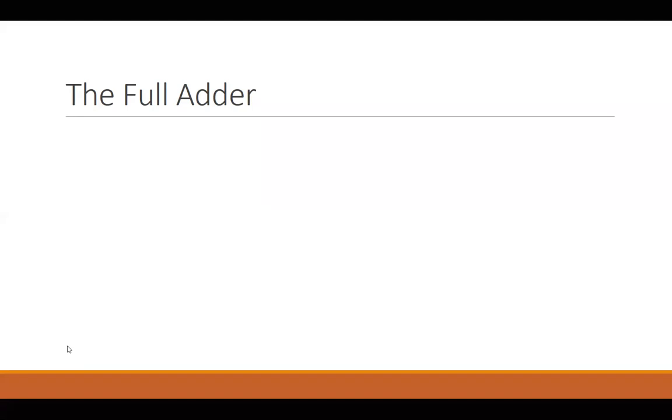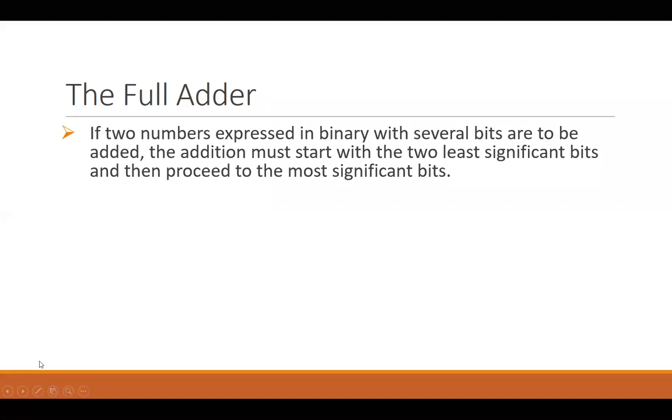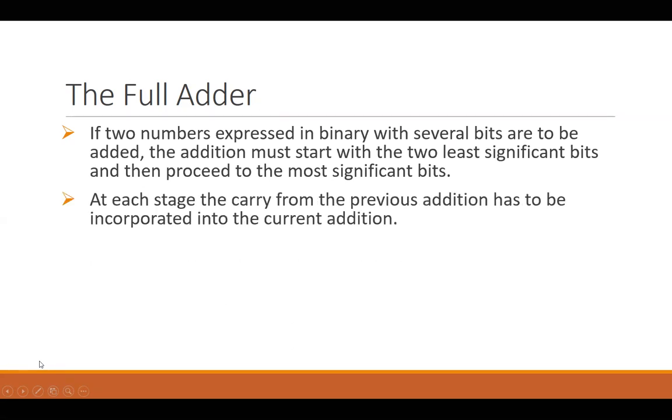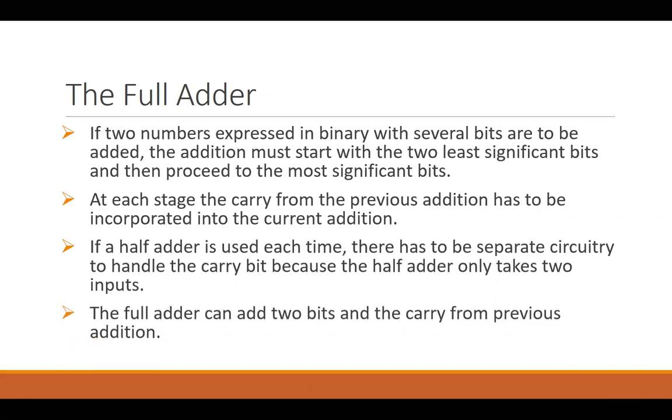As we know, several bits can generate the carry in and it has to be added in the next addition. The carry from the previous addition has to be added in the next addition. So this is the primary reason we need to make a full adder circuit by combining half adder circuits.